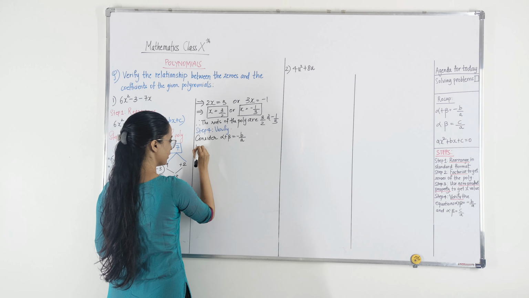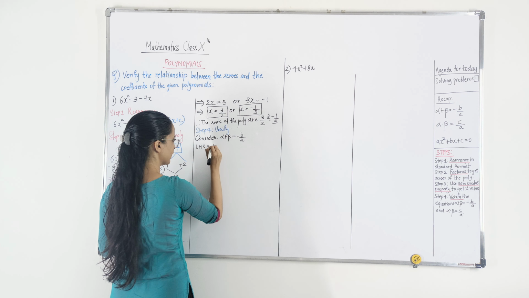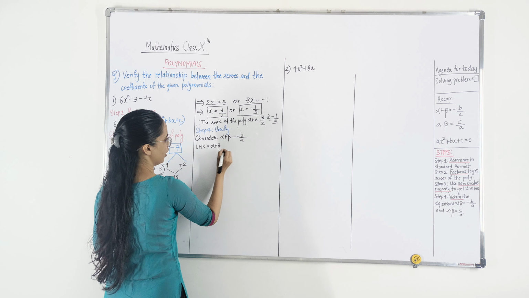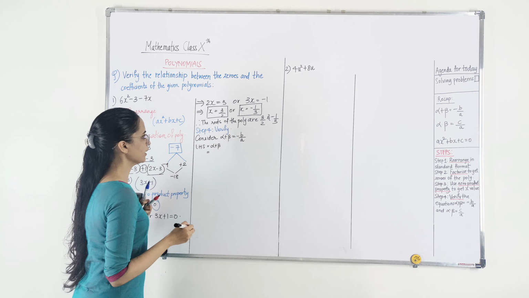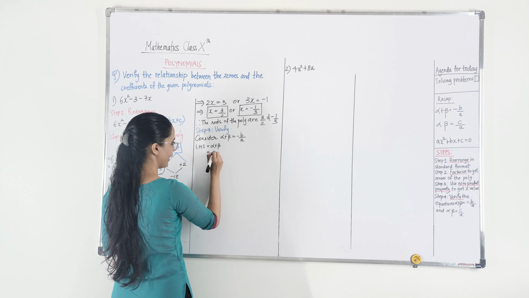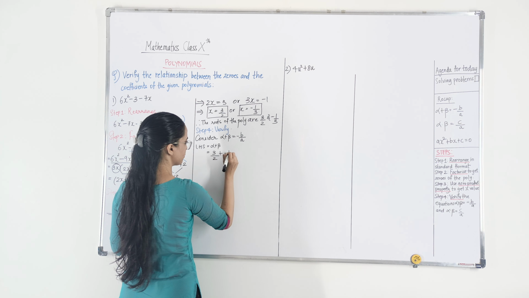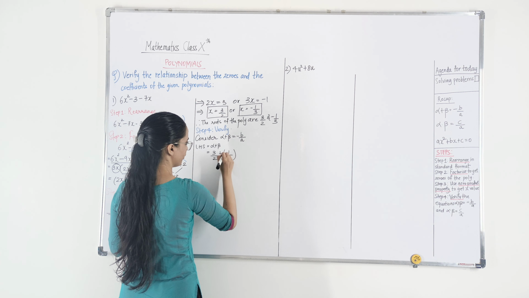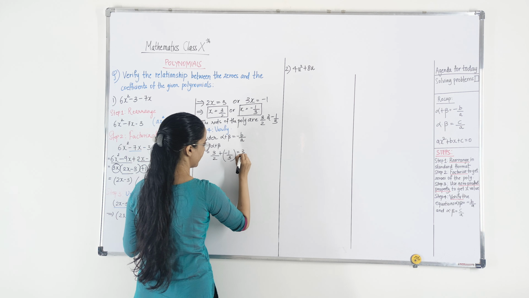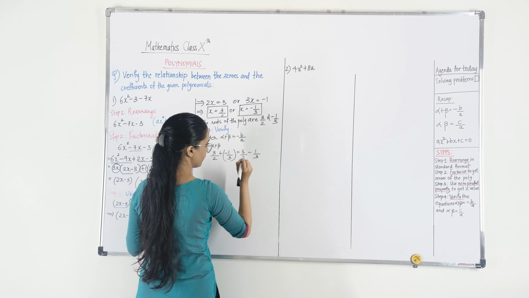Okay, now take the left hand side. Your left hand side is alpha plus beta. Now what is alpha plus beta in this case? When you add 3 by 2 plus minus 1 by 3, you get 3 by 2 minus 1 by 3.